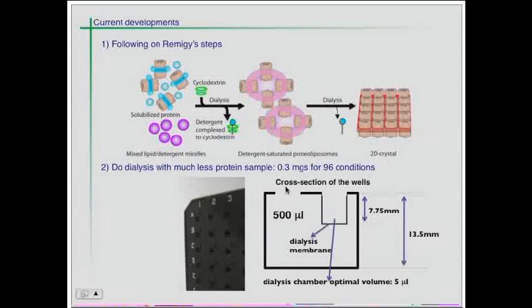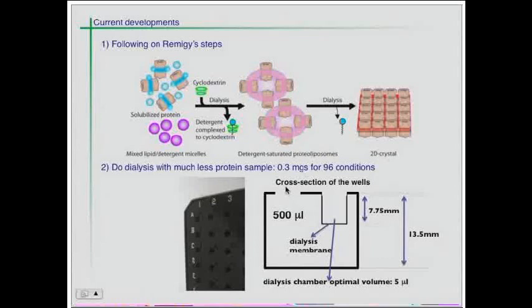Remigi used this method to obtain 2D crystals, and we are using it in the lab quite successfully. We have now characterized the system. We know the concentrations and the types of cyclodextrins that we need to use, and indeed we obtain 2D crystals with 2 or 3 of our targets.